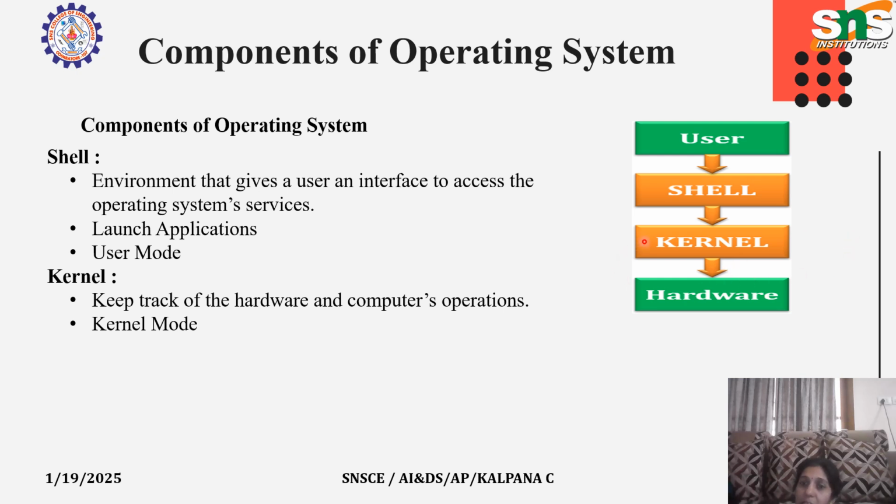All these processes are carried out by the kernel. This is the difference between the shell and the kernel. The shell acts as an interface between the user and the kernel, passing the request from the user to the kernel, which in turn processes that request and does the operations.